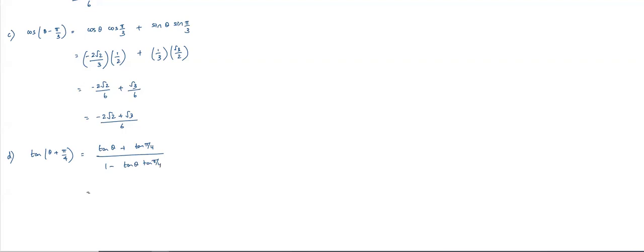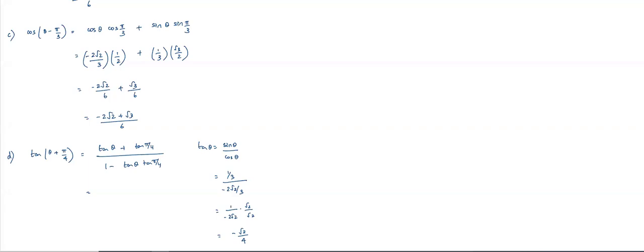We already found tan theta because we have cosine and sine. So let me write that down. What is tangent? Tangent is sine over cosine, right? Which is 1/3 over negative 2 root 2 over 3, which is 1 over negative 2 root 2. You can multiply and divide by root 2 if you want, and that will be negative root 2 over 4 as tangent.